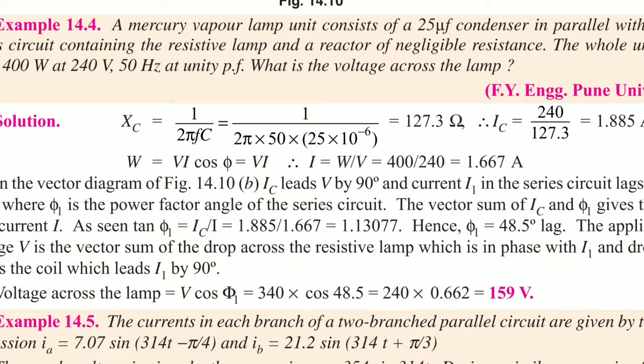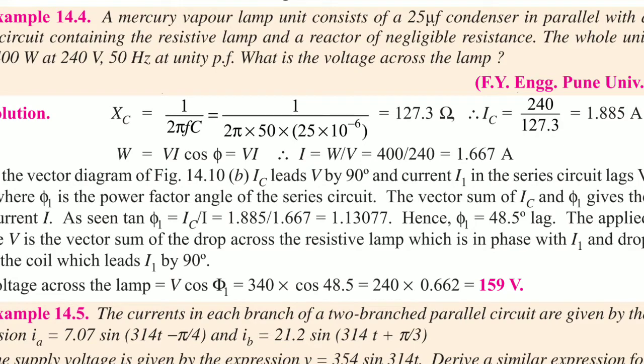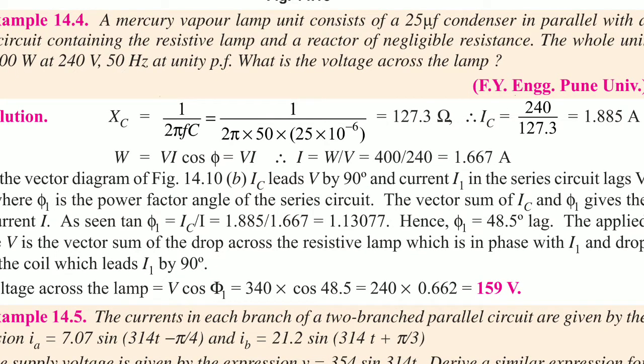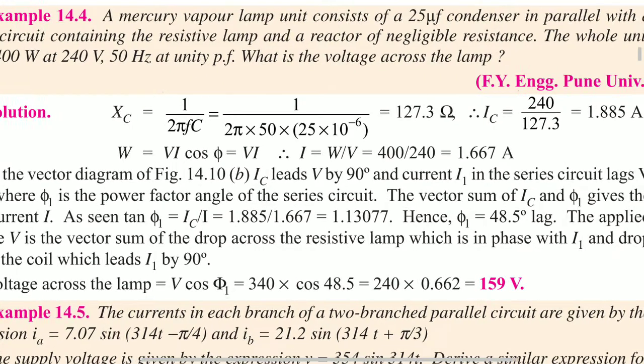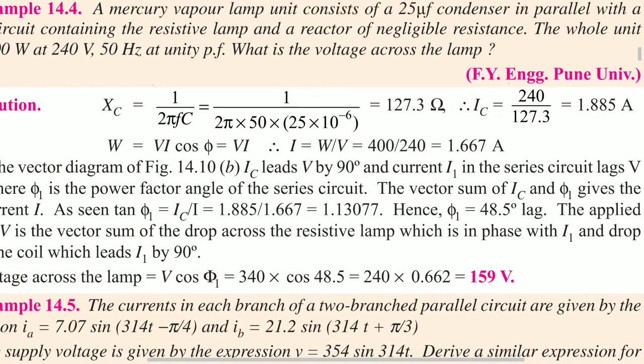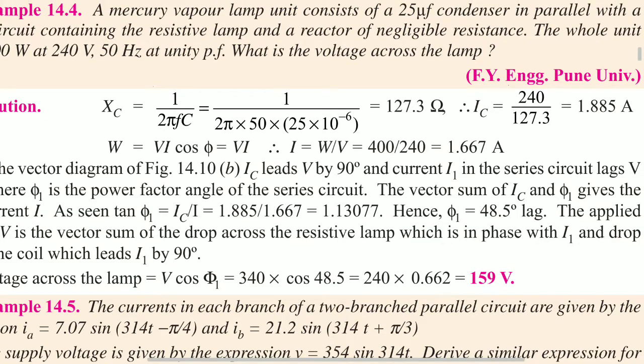Therefore, here XC is determined, therefore current IC is equal to 240 by 127.3, that is 1.885 amps. So the capacitor current IC is 1.885 amps.